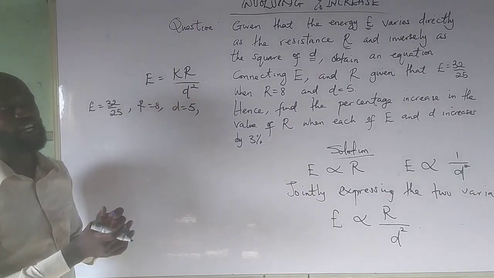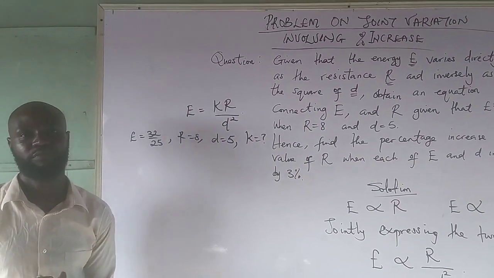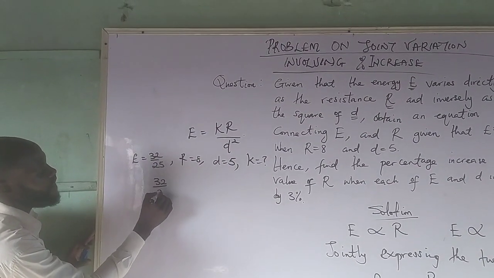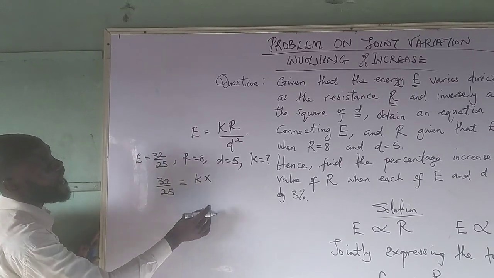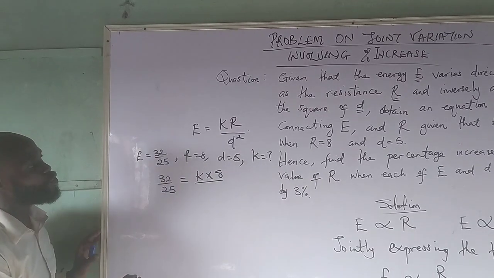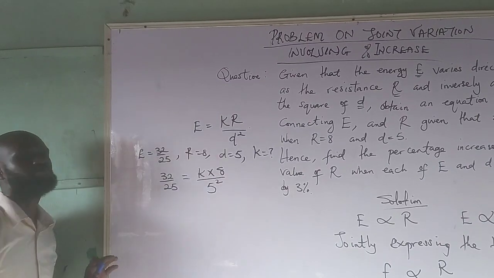We want to find the constant of variation K. So let's substitute. E equals 32 divided by 25 equals K times R, which is times 8, divided by D squared. That means I have divided by 5 squared.